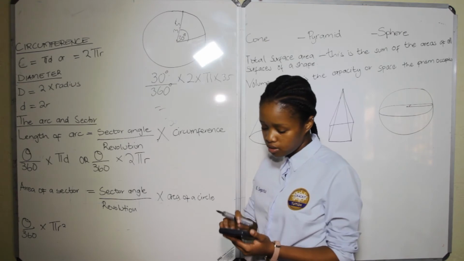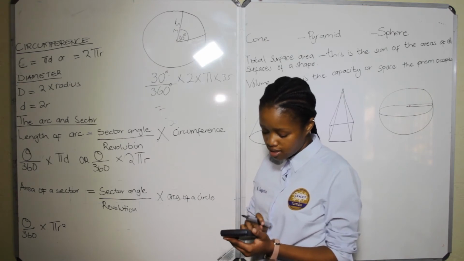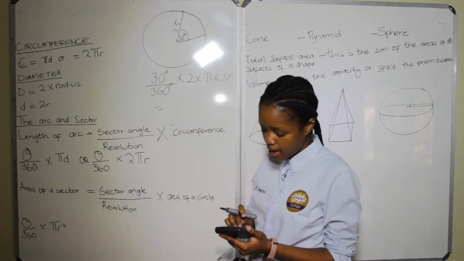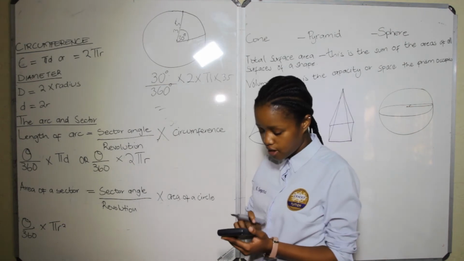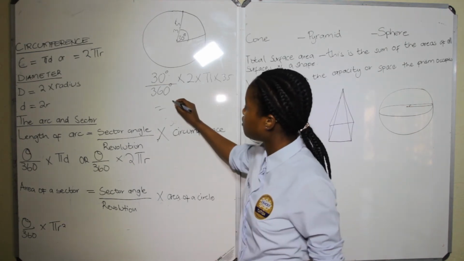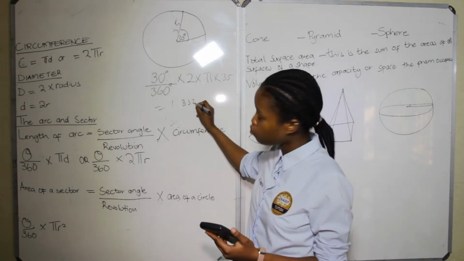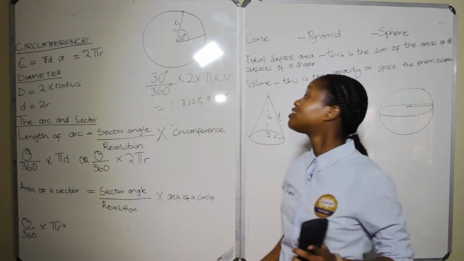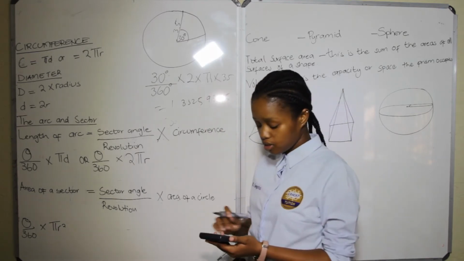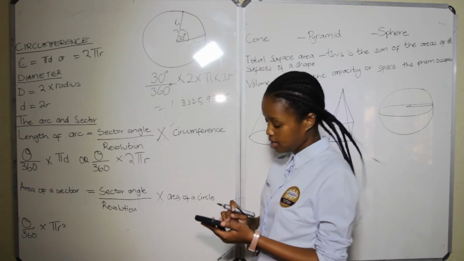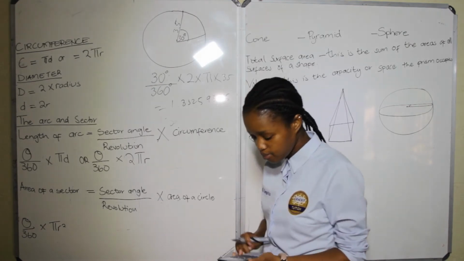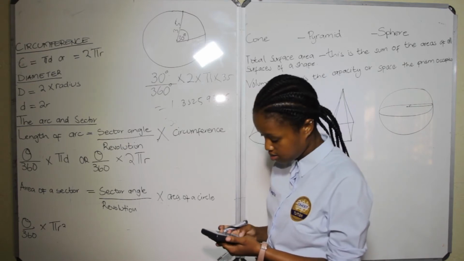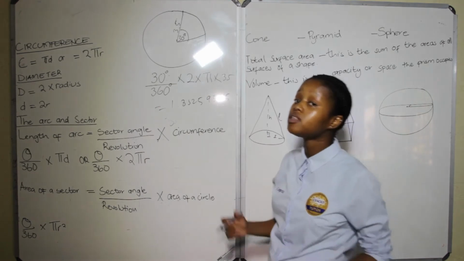What is it going to give me? It's giving me 1.8325955715. But what if I've simplified this, 2 times pi times 3.5, and I say multiply by 30 over 360? It's still going to give me the same answer.